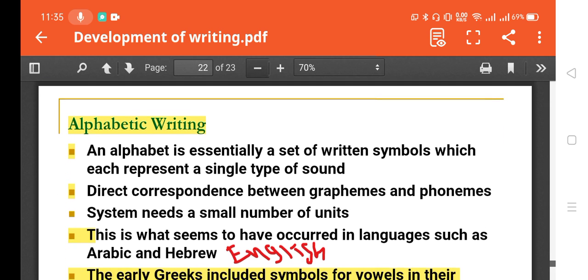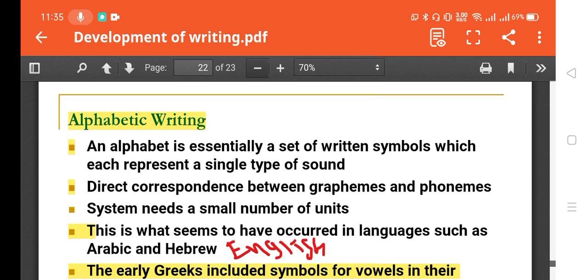And alphabetic writing, that is the most recent one, and English is basically based on alphabetic writing. In it, the alphabet is essentially a set of written symbols, each of which represents a single type of sound.